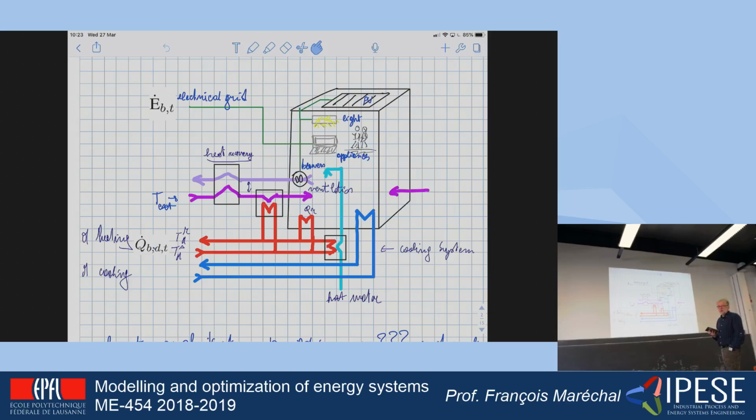And what we can say is that as soon as we are able to characterize what we have been defining as the heat of a building in a given state at a given time, we are able to say how much heat will be needed in each of the distribution systems that are connected to the buildings.